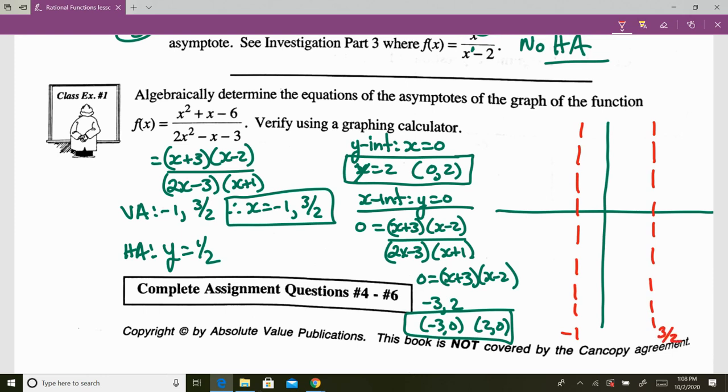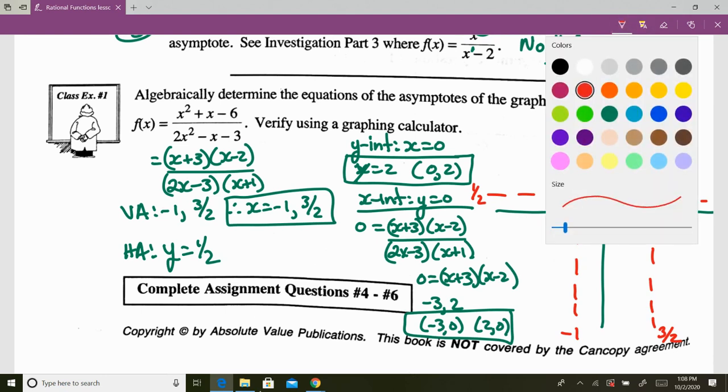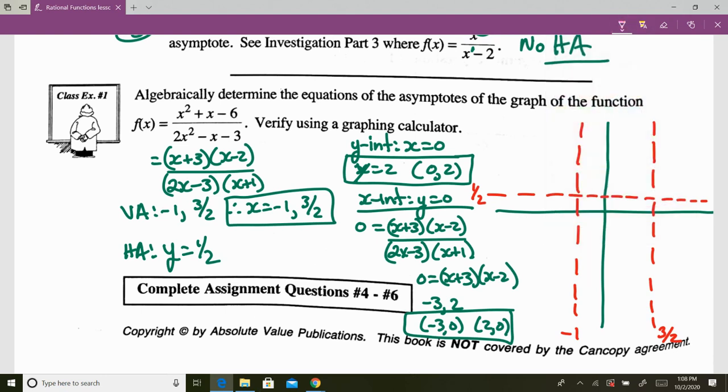Horizontal at 1/2. What other points do we have? We've got our y-intercept, 0, 2, so it's somewhere up there. And we've got our x-intercepts at -3, 0, and 2, 0.